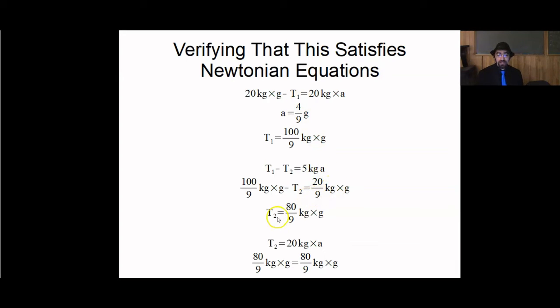Crunch my numbers, I get T2 is 80/9 kilograms times g. And so, assuming my guess for a was correct, then I should be able to plug these in, and it should be right. This T2, which I'm claiming is 80/9 kilograms times g, and this a, which I'm claiming is 4/9 times g, that should satisfy their relation, and it does. 80/9 kilograms times g does equal 80/9 kilograms times g. So it works.